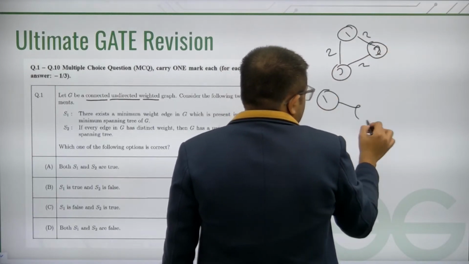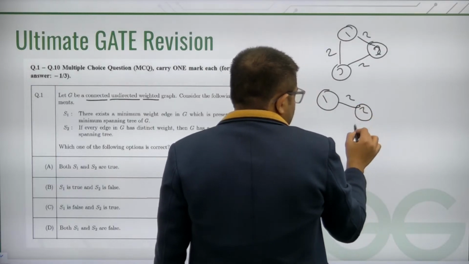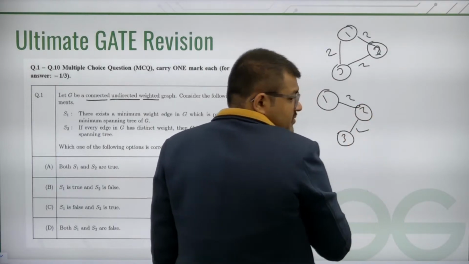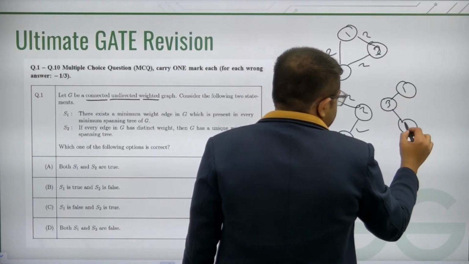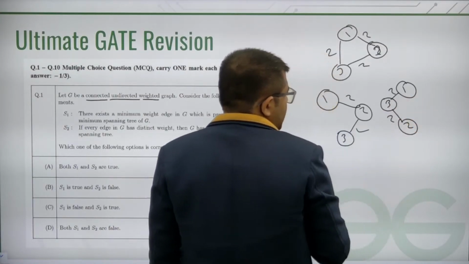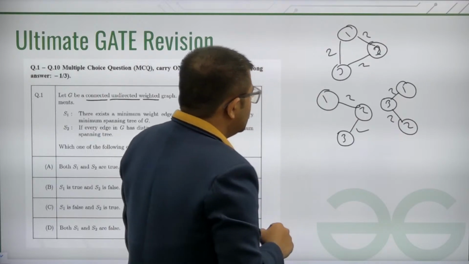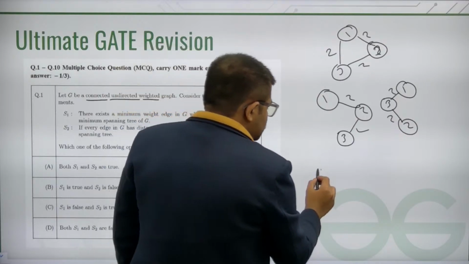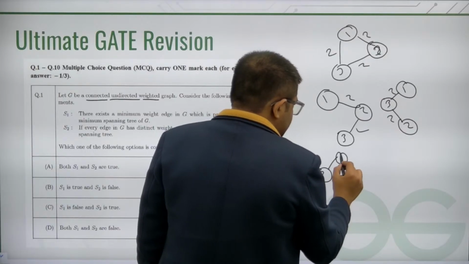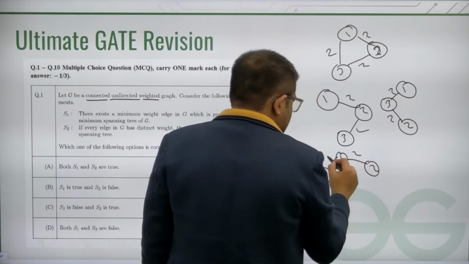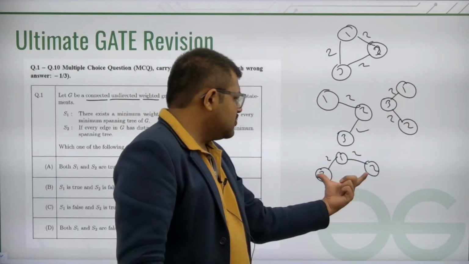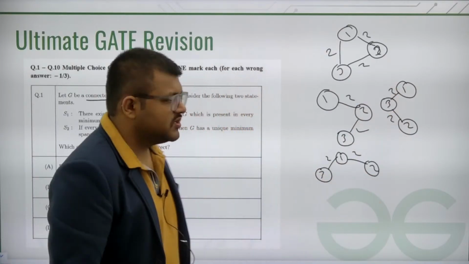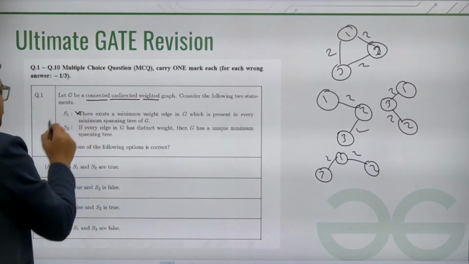This is also a minimum spanning tree, and this is also a minimum spanning tree. Here the edge between 1 and 3 is not there, here the edge between 1 and 2 is not there, and here the edge between 2 and 3 is not there. So the first statement is false.